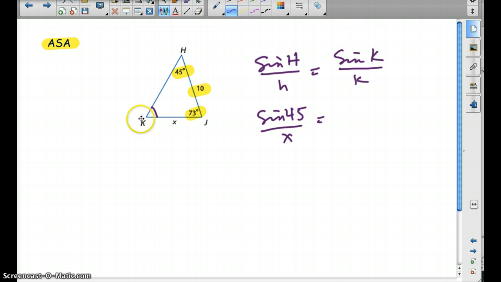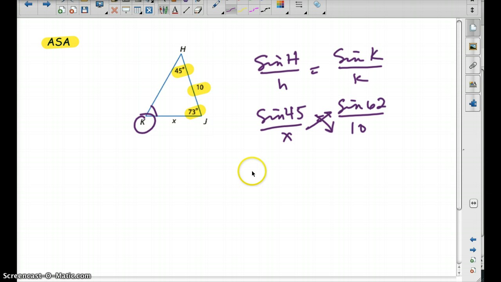Have you figured out how we can find K yet? It's going to be 62, because we can subtract from 180. All right, so go ahead and cross multiply here.